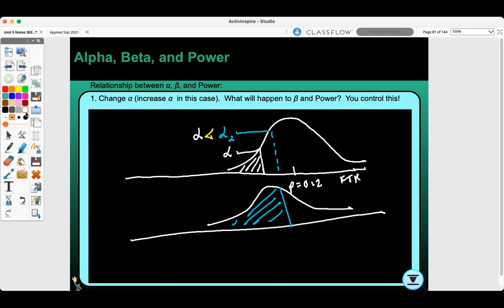And here we know my probability went down to 0.15. This is my fail to reject region, and my rejection region over here.